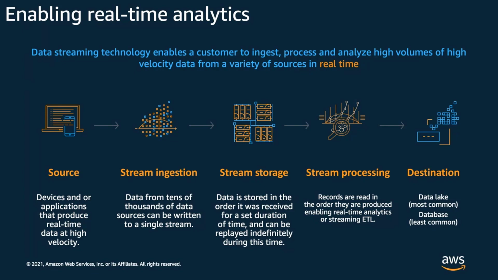Now, the first thing on the leftmost corner of the slide is a data source. They're also called data producers. These could be a variety of things. These could be IoT devices, mobile phones, EC2 instances, other AWS services that are continuously generating data. At AWS specifically, the SDKs are the most popular data source. That's because customers can write directly from their client.